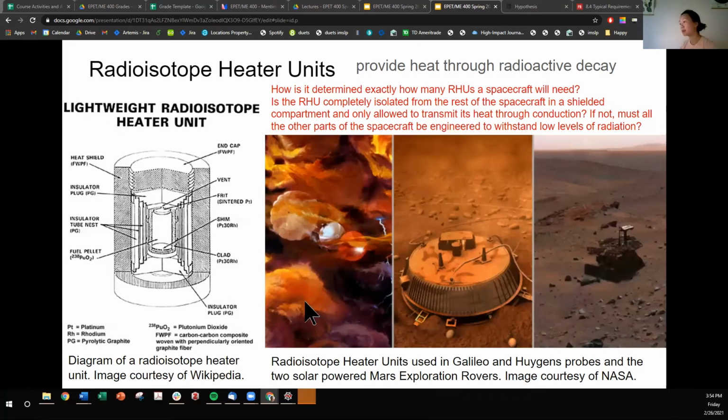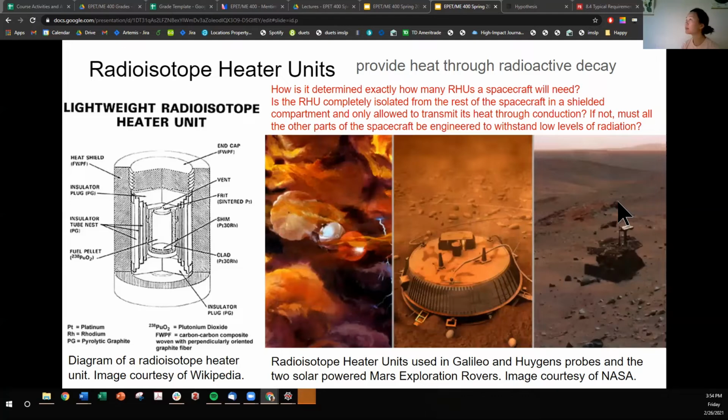RHUs are used in a ton of missions. So these panels, you'll see there's Galileo, there's the Huygens probe, and on the two MERs, Opportunity and Spirit, RHUs were on board. RHUs give off heat continuously, somewhere between several decades and up to centuries, given the gradual degradation of the radioactive isotope.